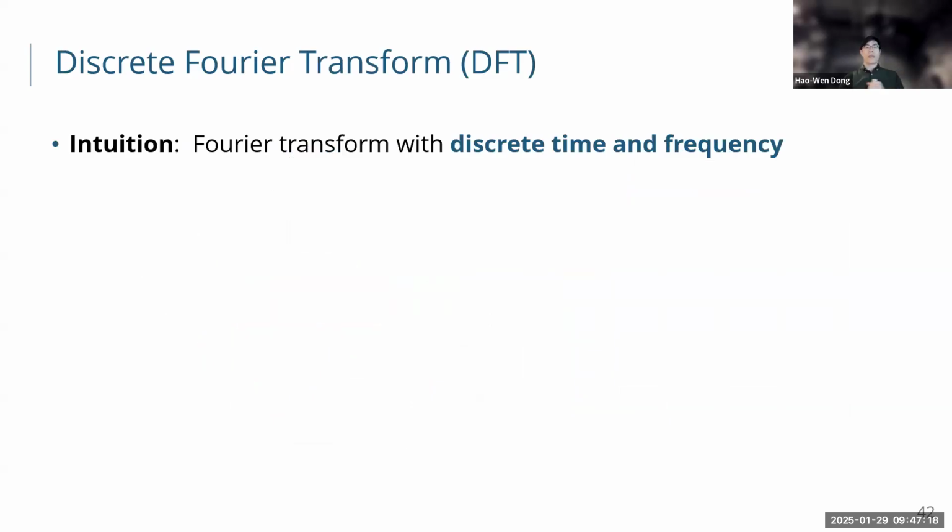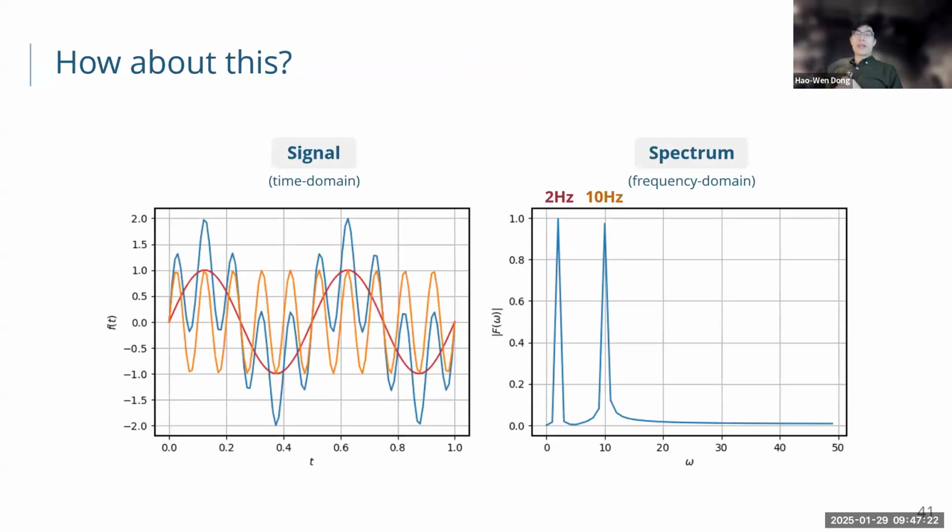Cool. So, we've been talking about Fourier transform, any questions? Actually, in practice, we rarely use Fourier transform because it's computationally impossible. And whenever we are using a computer, we are digitalizing it. So Fourier transform is an ideal case where you can calculate it by math.